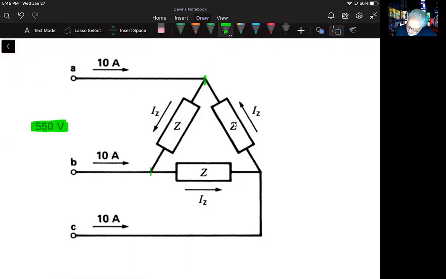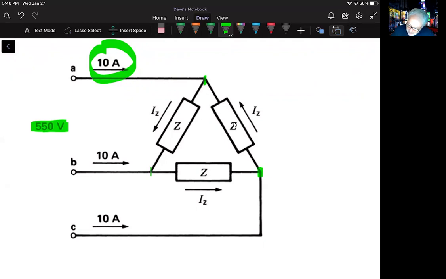So they're connected together in delta. And he says the line current is 10 amps at 550 volts. We've got everything we need. Tell me what the current is in each branch. Okay, all right. So we can do that, right?